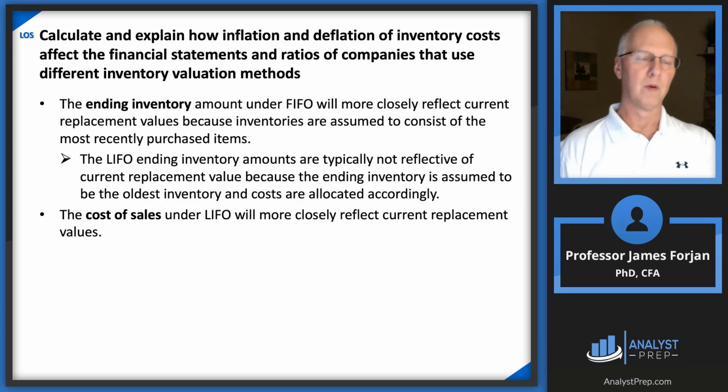Because remember, maybe we manufactured or maybe we bought those today, and so those reflect current pricing rather than something that we bought a month ago or 2 months ago or maybe even 6 months ago. The LIFO ending inventory amounts, however, are not reflective of that current replacement value. So that's important. Remember that.